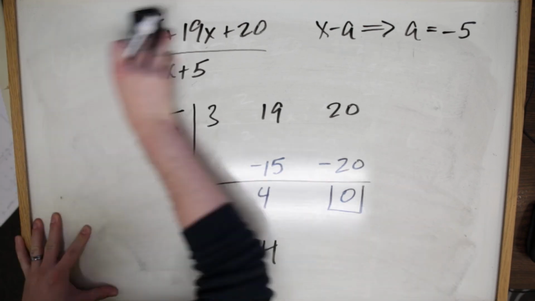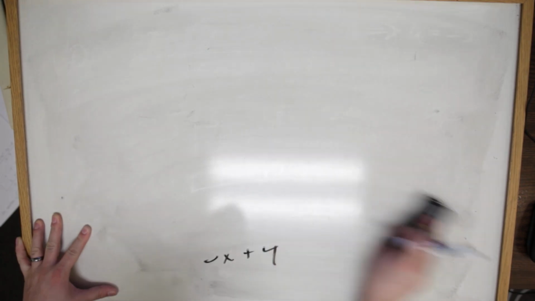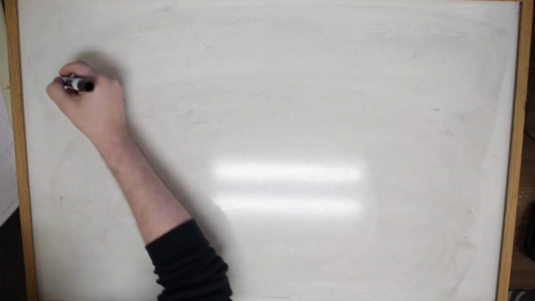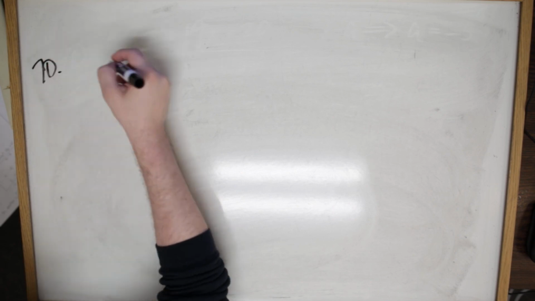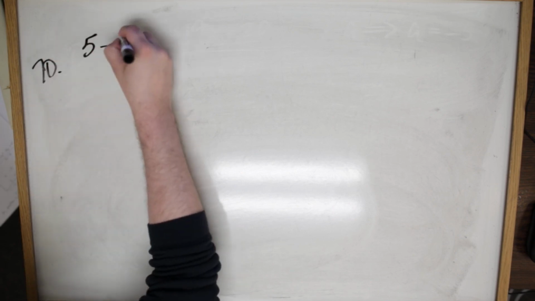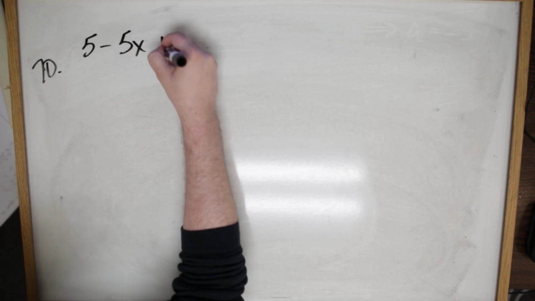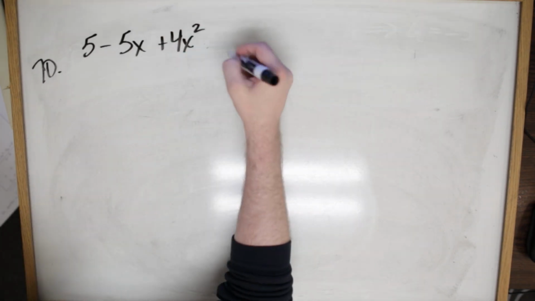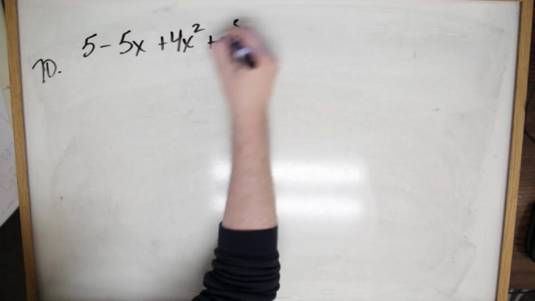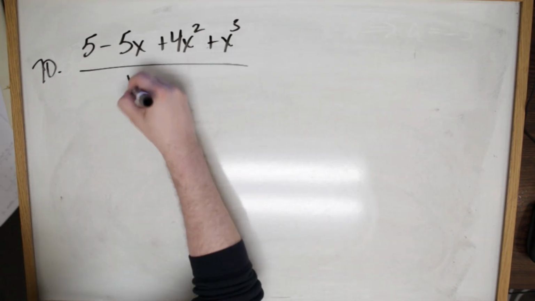Okay, let's do one last one. I'm going to show you one with a remainder because I don't think that we've actually done one yet with a remainder. Question 70. So this is 5 minus 5x plus 4x squared plus x to the third, all over x minus 3.